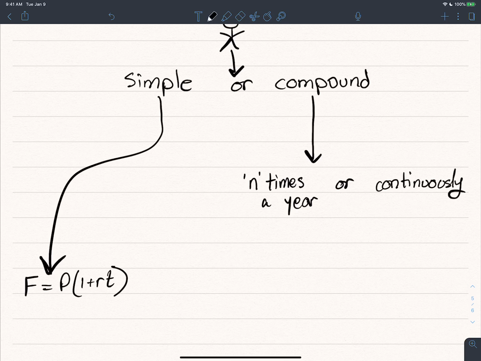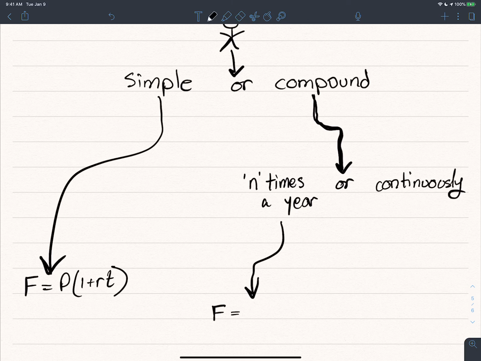Right? And N times a year just means it's 1 time a year, 5 times a year, whatever number N is, quarterly, monthly, whatever. And then if it's N times a year, then congratulations, you're basically done.